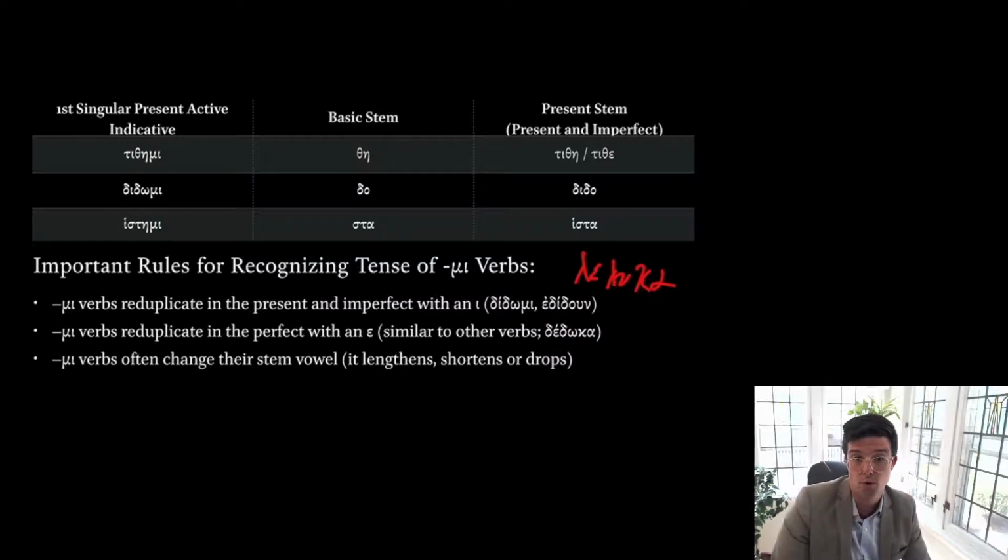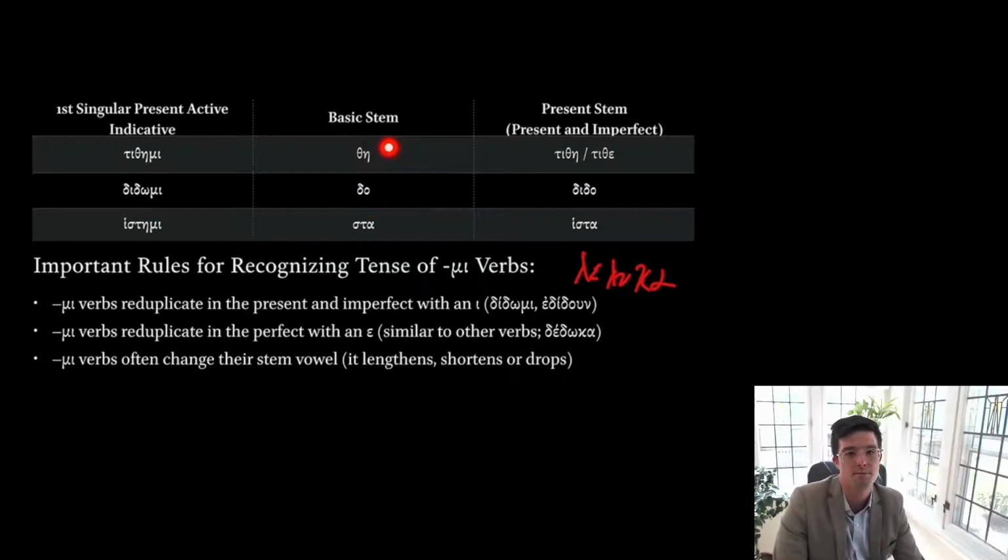The third rule is that mi verbs often change their stem vowel. So you may have already been questioning what's going on. Why is this delta omicron here, but when I'm seeing it here and here, it's delta omega? It's because of this rule that the stem vowel will often change, and oftentimes it's a lengthening or a shortening.